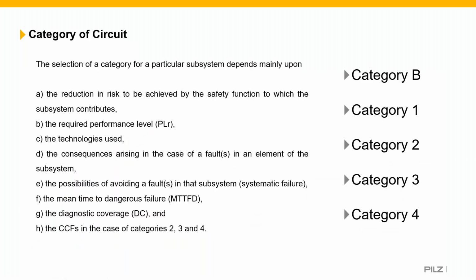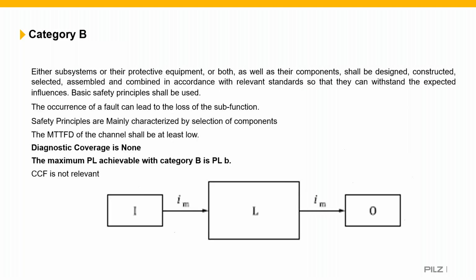The category of circuits. So we have 5 here. Category B, and then 1, 2, 3, and 4. And these, as I say, were taken from previous standard 954. Category B is a very basic circuit. That's what B stands for.